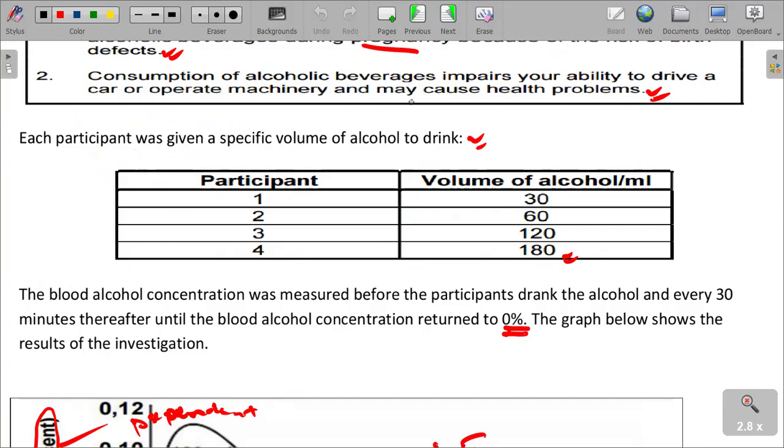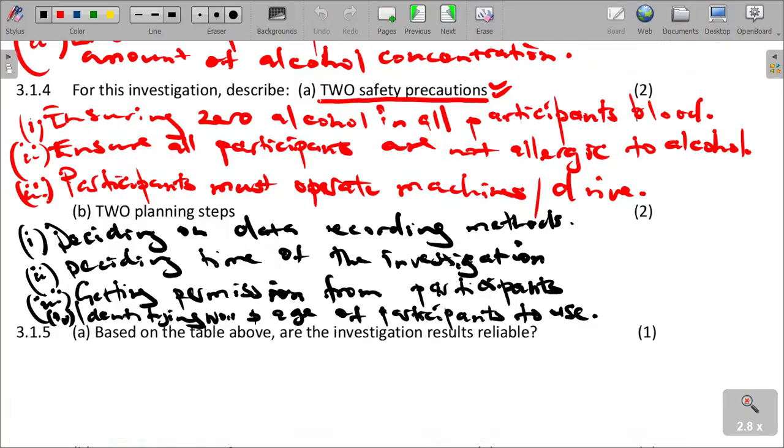We see that we have participant 1, participant 2, participant 3, participant 4. So what is happening is it cannot be reliable because the sample size is very small and the investigation was never repeated. It's not reliable.